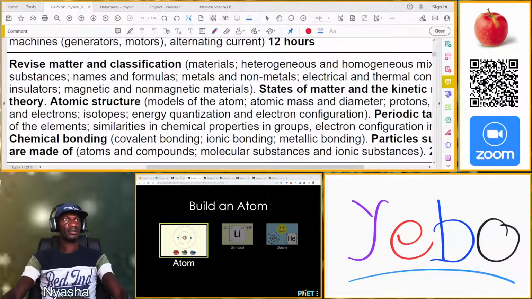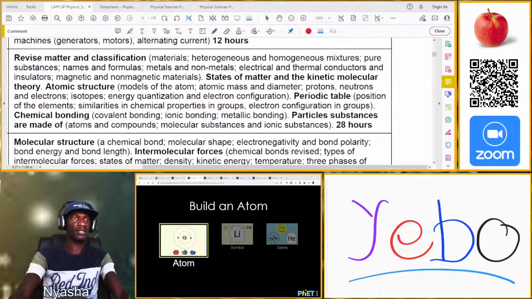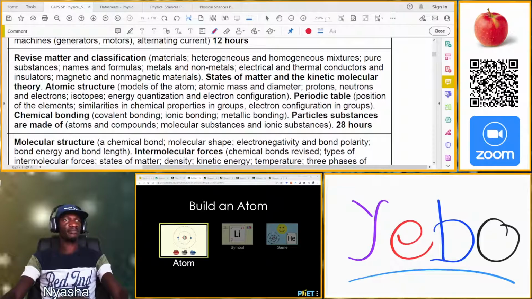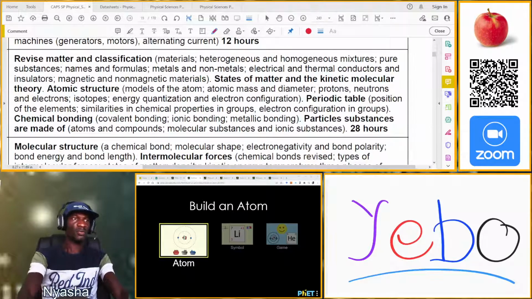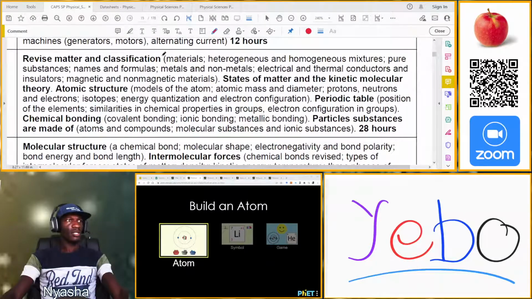Then after you've done mixtures, pure substances, names and formulas, metals and non-metals, electrical and thermal conductors, and insulators. So all these are basics of materials.